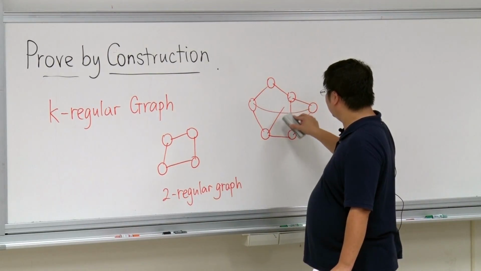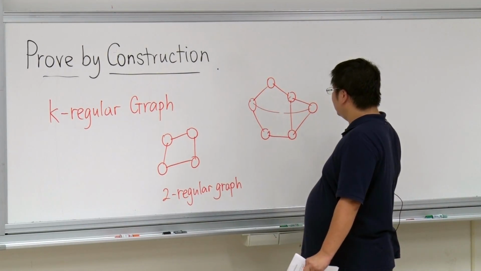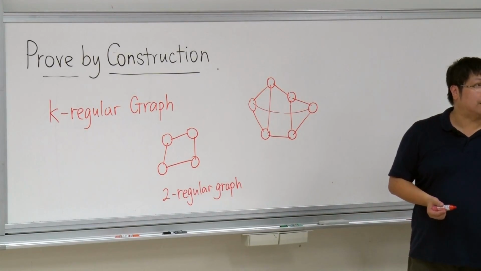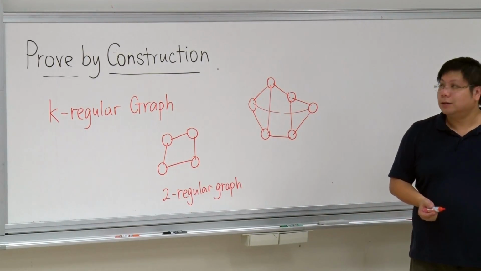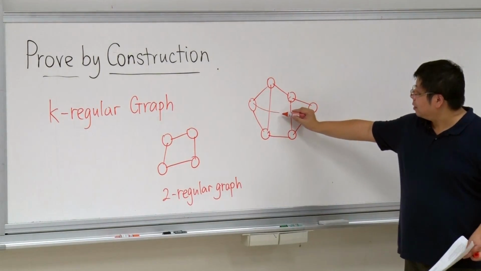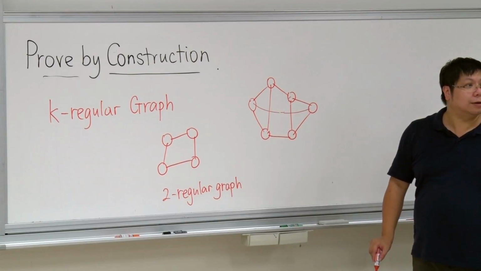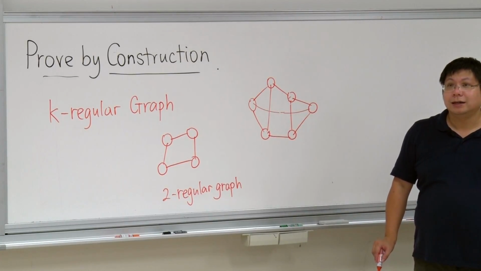This one is a 3-regular graph. Is that okay? Because for this graph, every vertex has degree exactly equal to 3.